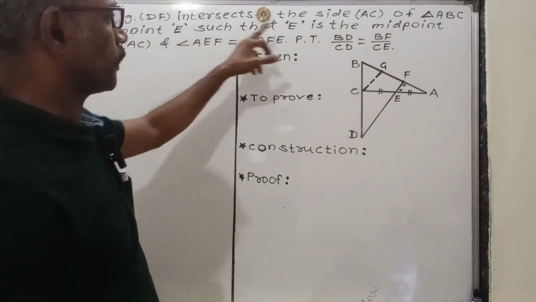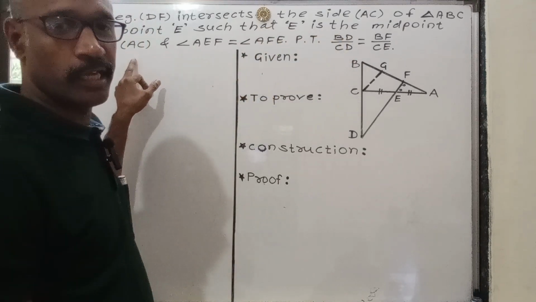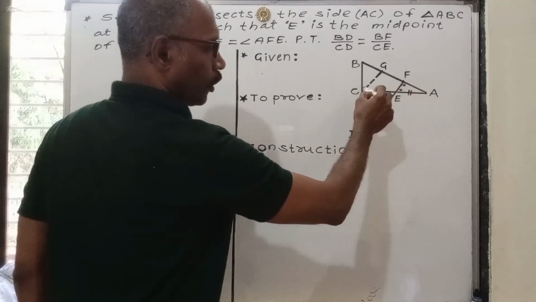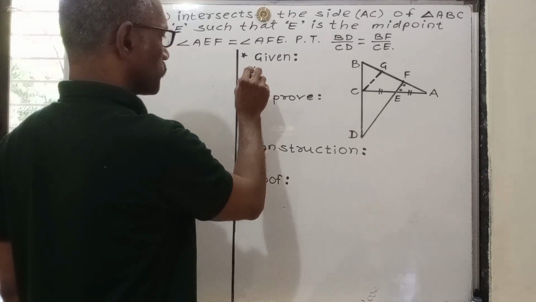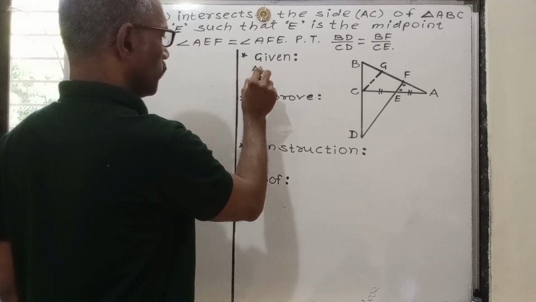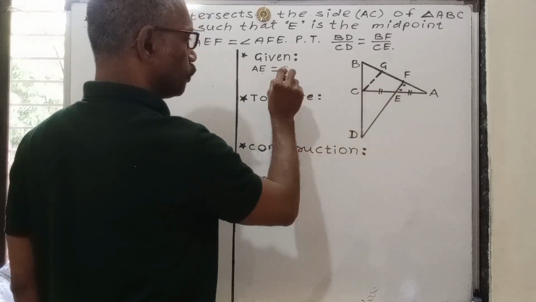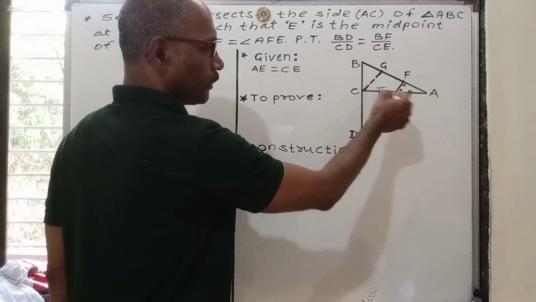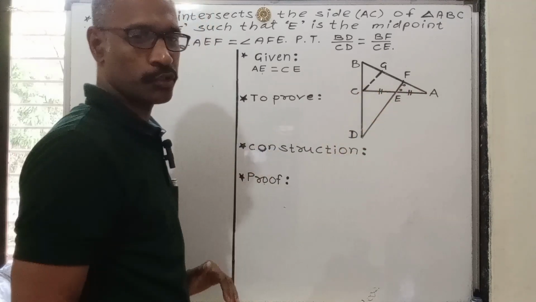Point E is the midpoint of side AC. Means we write here AE is equal to CE. When E is the midpoint of side AC, then AE is equal to CE.